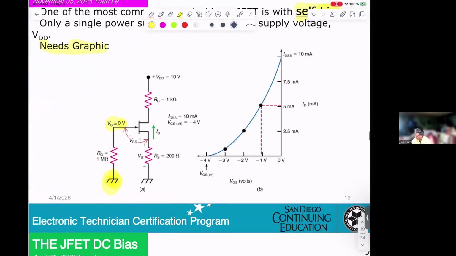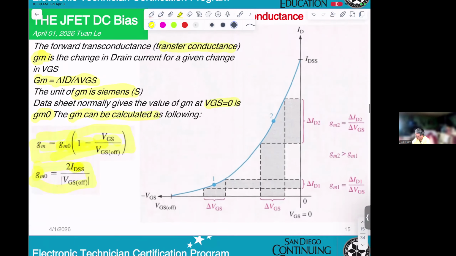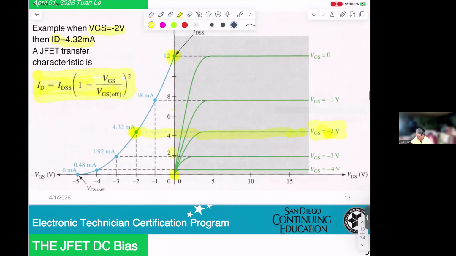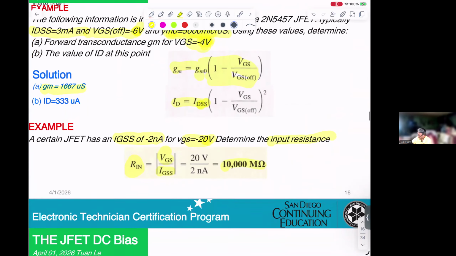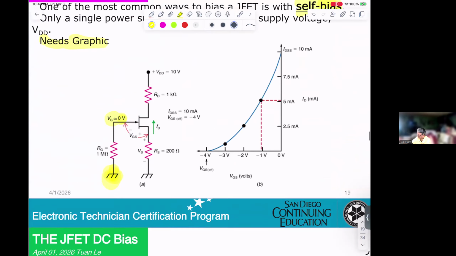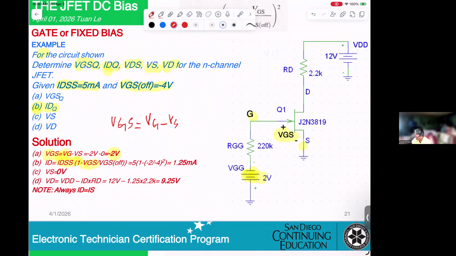Let's see, the formula: ID equal IDSS times 1 minus VGS over VGS off, squared. Okay. You get 1.25 milliamp.